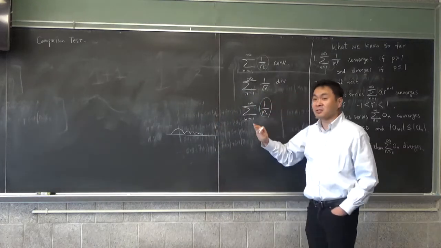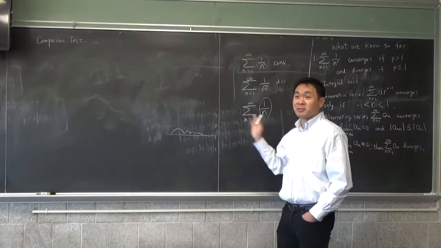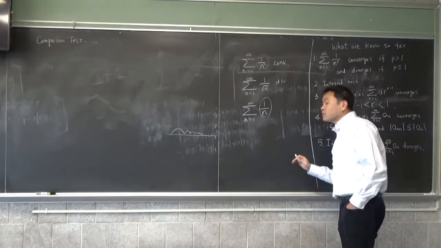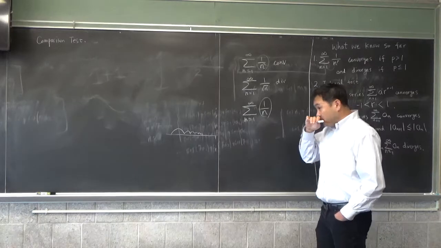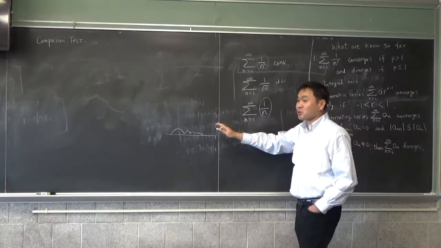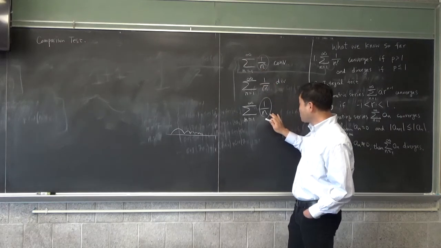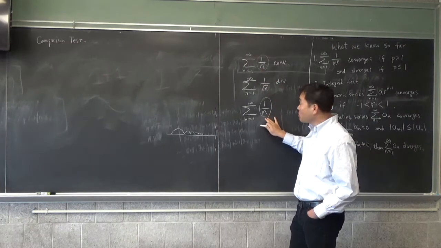Whereas this one can definitely go beyond 2 and even 3 or even 1,000 if you add enough terms. So that's the big difference. And so you should have this intuition about the speed at which individual terms are going to 0. Some terms go to 0 really quickly, some terms go to 0 relatively slowly.